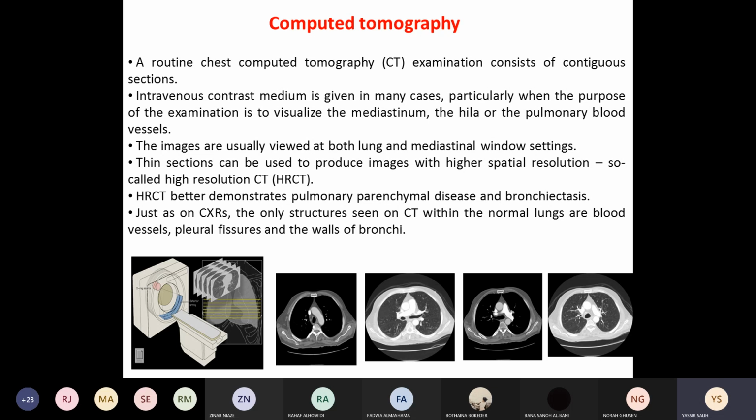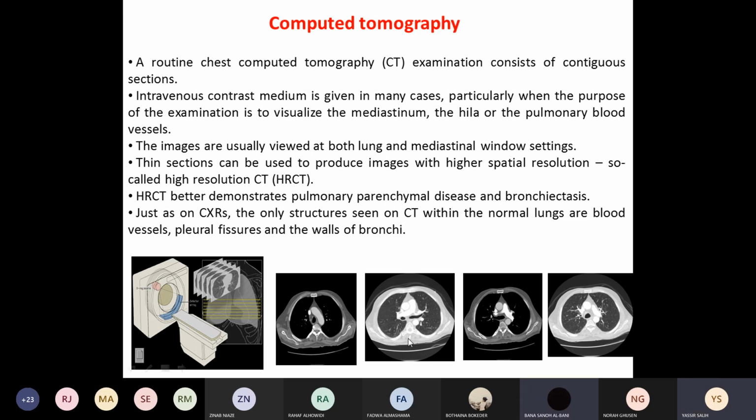Also we have two windows. عندنا two windows مهمات جدا. The first one is called lung parenchymal window and the other one is called mediastinal window. How to differentiate between the lung parenchymal window and mediastinal window?